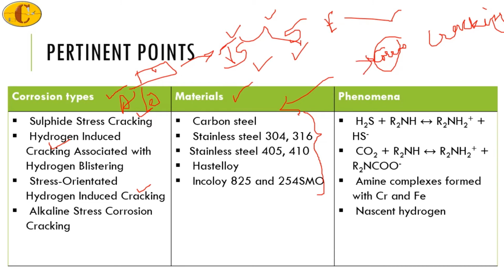Now, the phenomena in the amine services are summarized over here. So, amine services usually will not have a straightforward corrosion as is seen, such as hydroxide formation or chlorides.